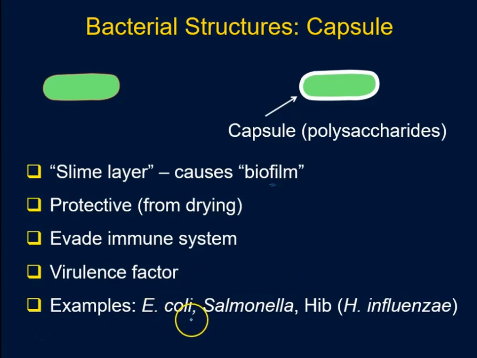Now, capsule is present in many bacteria such as E. coli and Salmonella. That doesn't mean that all E. coli have a capsule. Only the strains that are capsulated are the ones that are more virulent. Same with Salmonella.